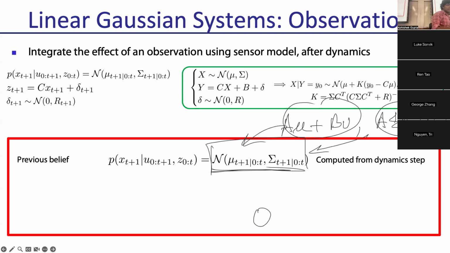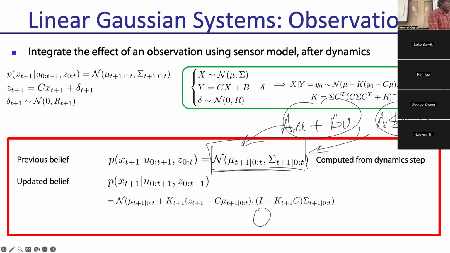And so what we're going to get next is that our updated belief after taking the latest measurement is going to be previous mean plus K times the difference between the actually obtained measurement and C mu, right? So you can think of this that if your state was actually the mean, this is the measurement you would have gotten.